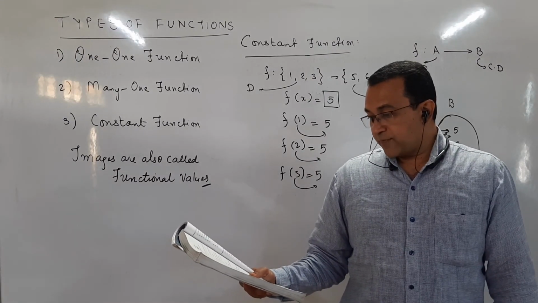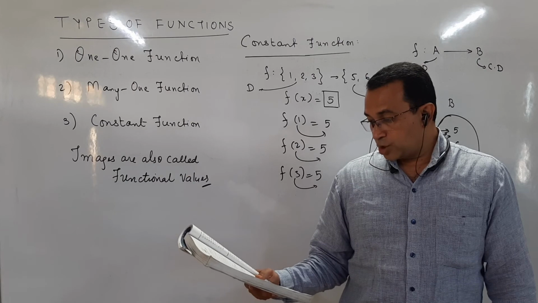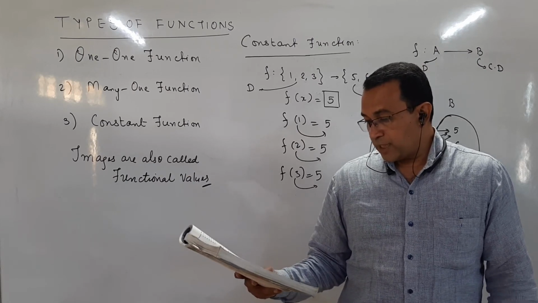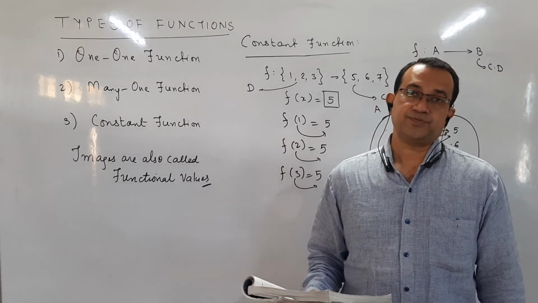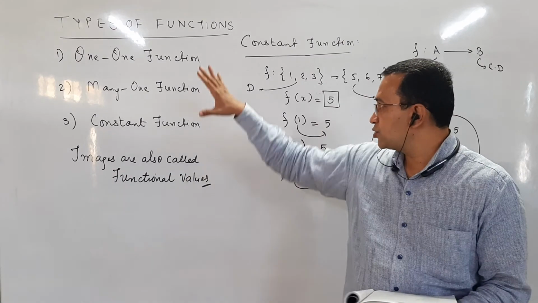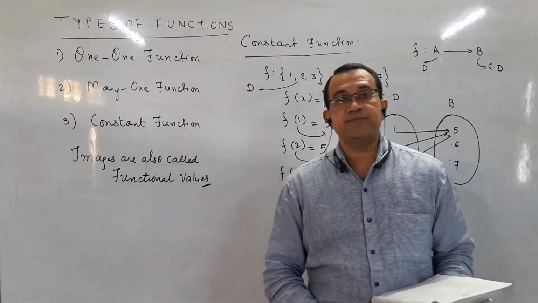What is the type of the function defined from A to B wherein 2 different values of domain, their functional values are same? Once again I am revising these 2 definitions as per the MCQ.